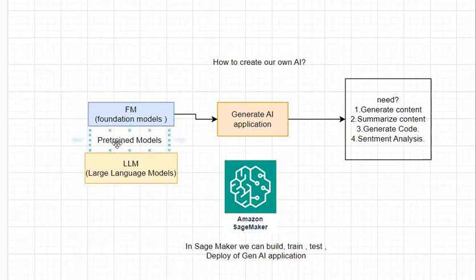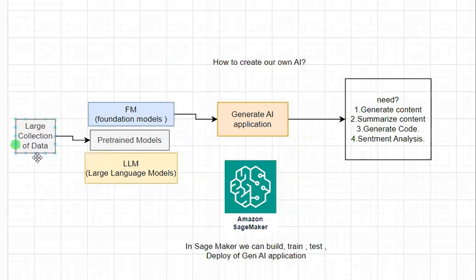So let's have a question. You told me that these models are pre-trained, right? Yes. So how much data were they pre-trained on? These models are pre-trained on a large collection of data. They are already pre-trained and made into foundational models.